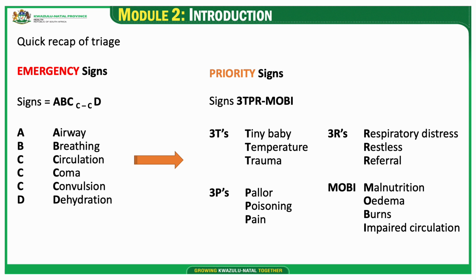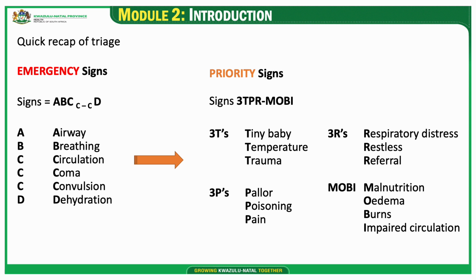And then we have our priority signs, which we remember by the acronym 3TPR, MOB. The 3 T's stand for tiny baby, which is a baby less than 3 months of age or less than 5 kgs; temperature, a patient with hyper or hypothermia; and the third T stands for our trauma patients.